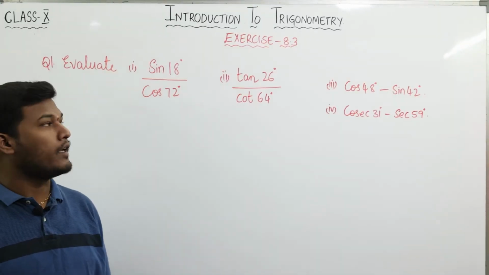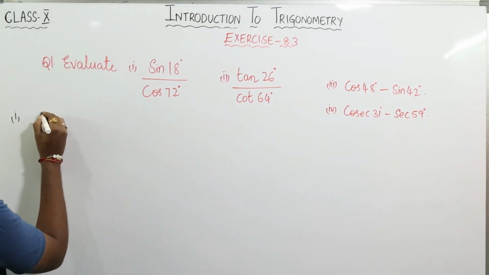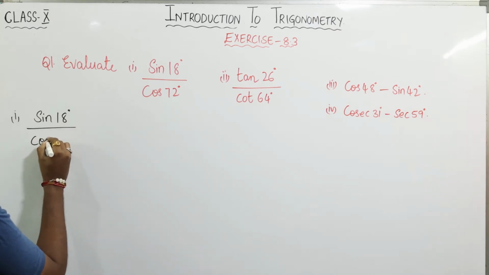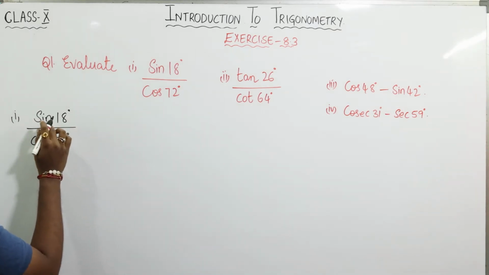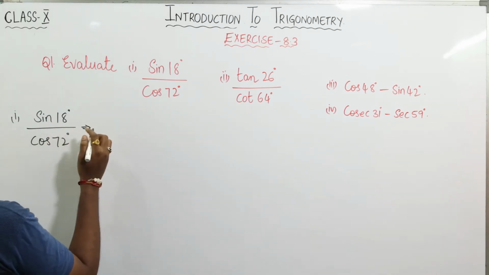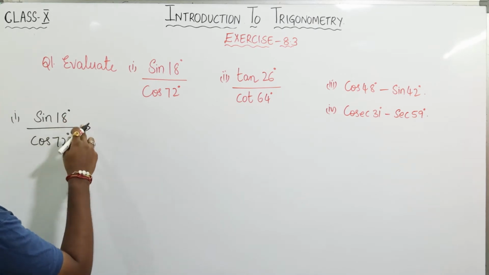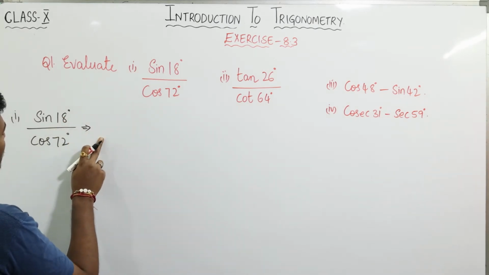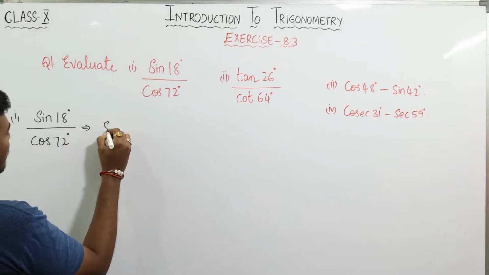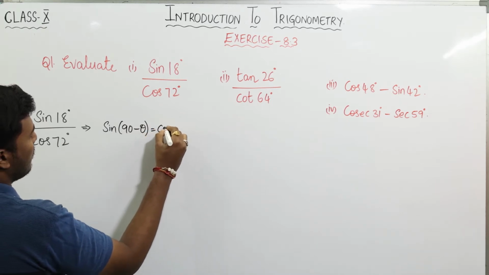Now the exercise 8.3 first problem, that is sine 18 by cos 72 degrees. So either select the numerator or denominator and convert in terms of cos or sine by using trigonometric complementary angles. Sine 90 minus theta can be written as cos theta.